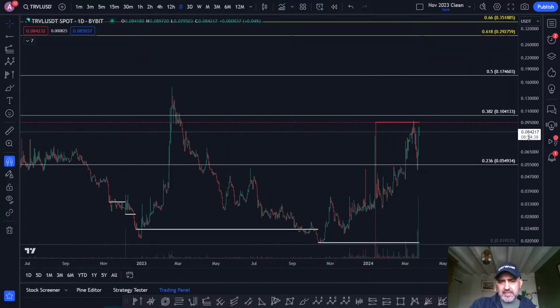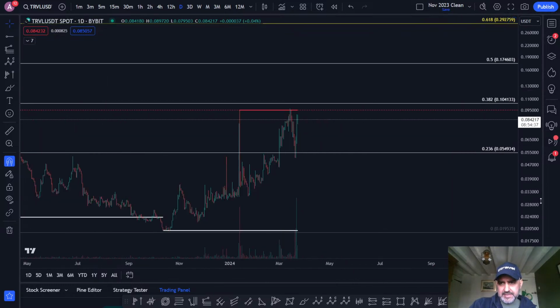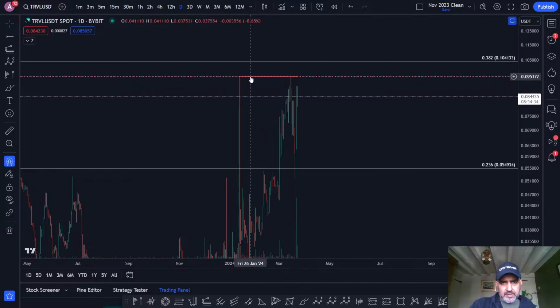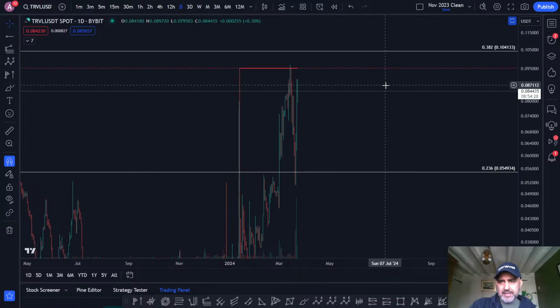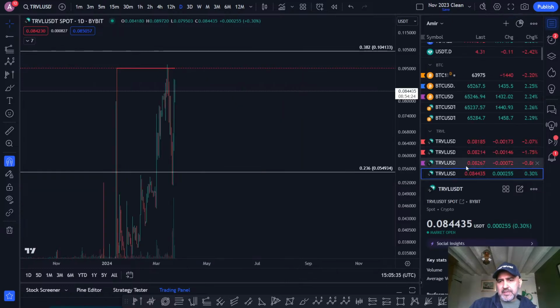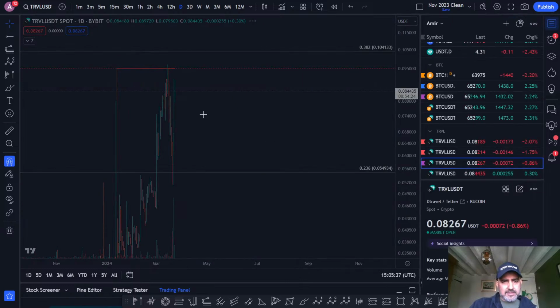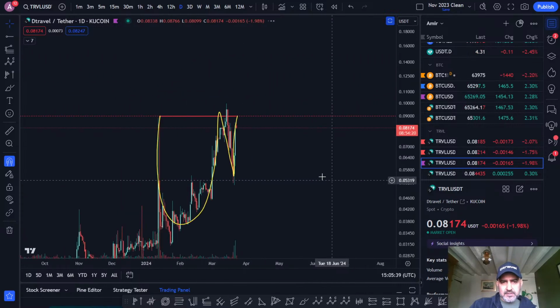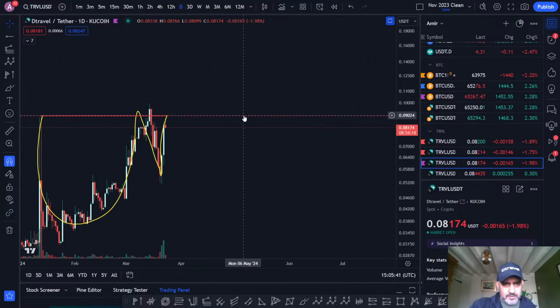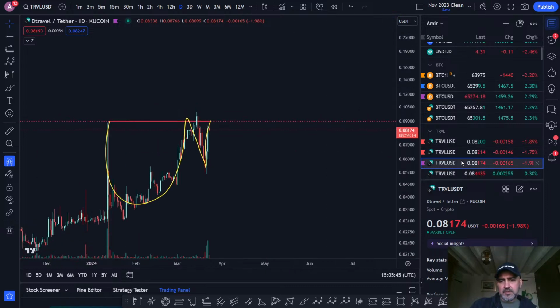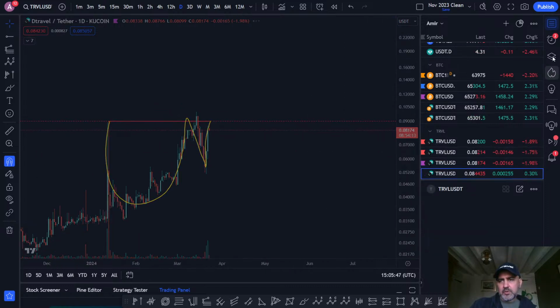And on the daily time frame, you can see that there's this kind of red line that is developing. On Bybit it's at 9.5 cents, but actually on KuCoin, where still most of the volume is, it's at 9 cents.